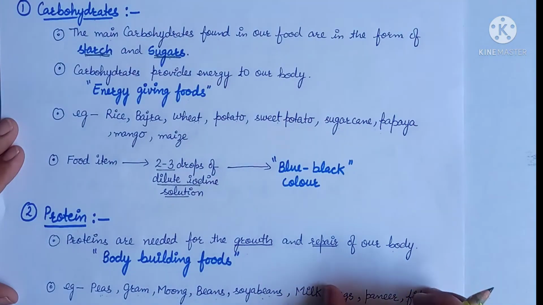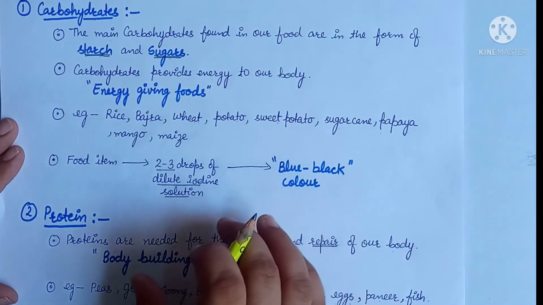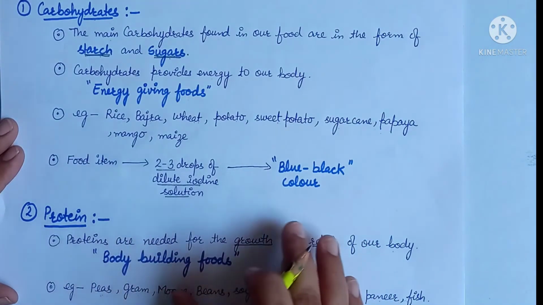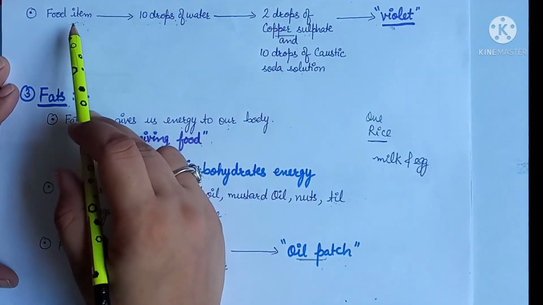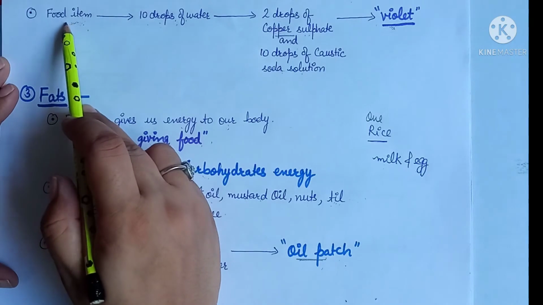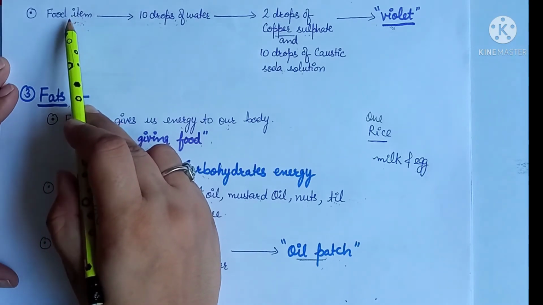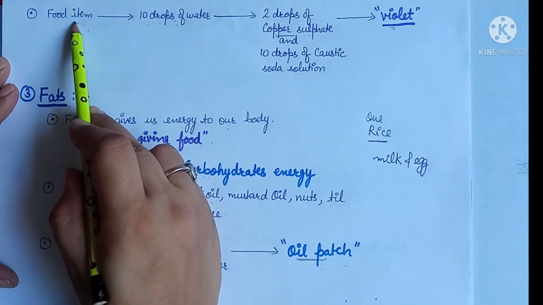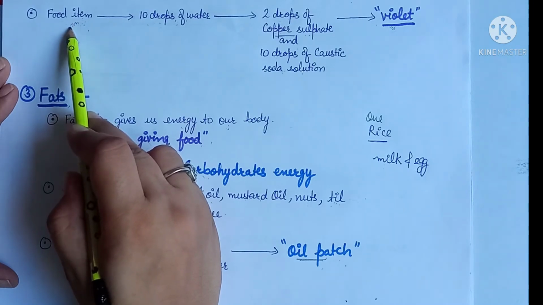animal based products. We have a test to check the protein present in the food items. If we are doing a test for protein, we need a food item in a smaller amount. If the food item is in the solid state, then we need to crush it or powder it, or we can make a paste of it.